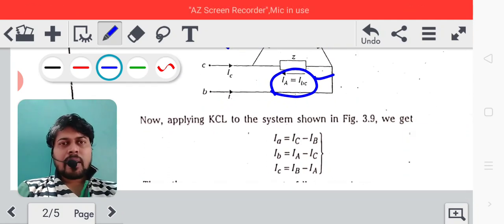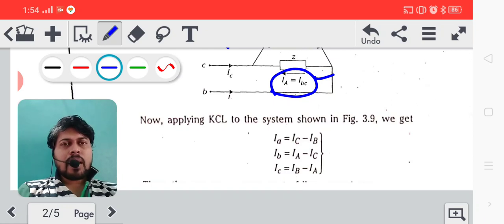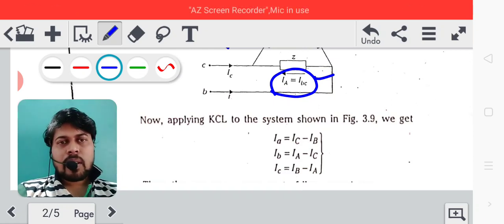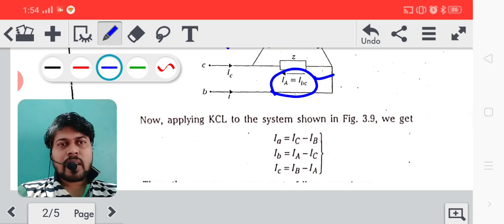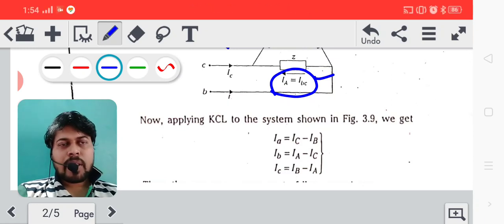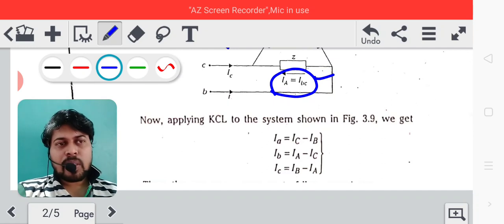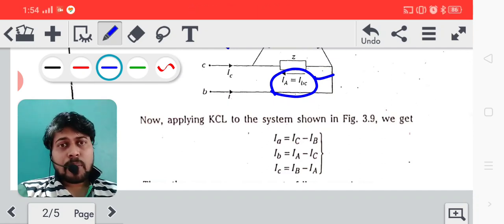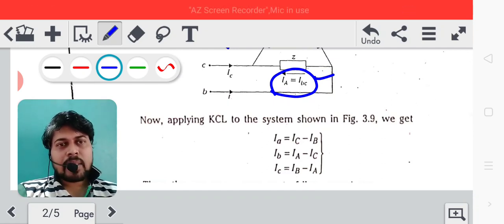Further, if I apply KCL to the system, I will get the line current IA equals the difference between the phase currents IC and IB. The line current IB equals the difference between phase currents IA and IC. The line current IC equals the difference between the delta currents IB and IC.